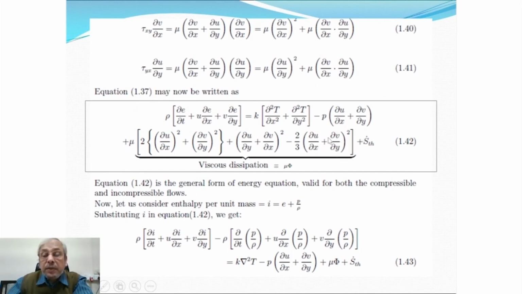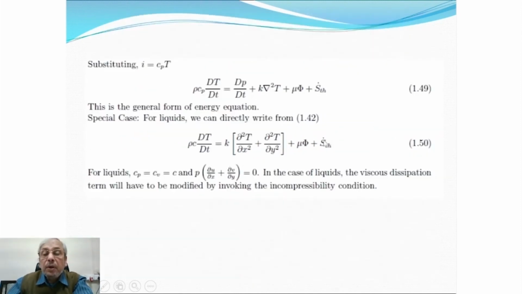But again, in 3 dimensions for incompressible flow, this term will be dropped by the continuity equation. So this is the viscous dissipation plus thermal energy generation. For liquids, Cp equals Cv equals C, and P (del u/del x plus del v/del y) is 0. So in the case of liquids, the viscous dissipation term will have to be modified by invoking the incompressibility condition.